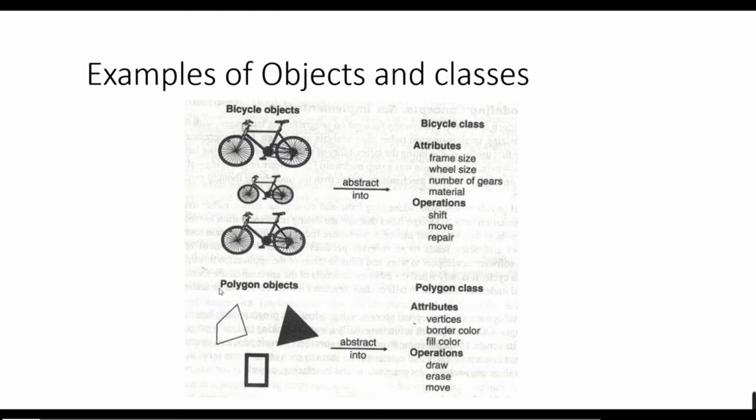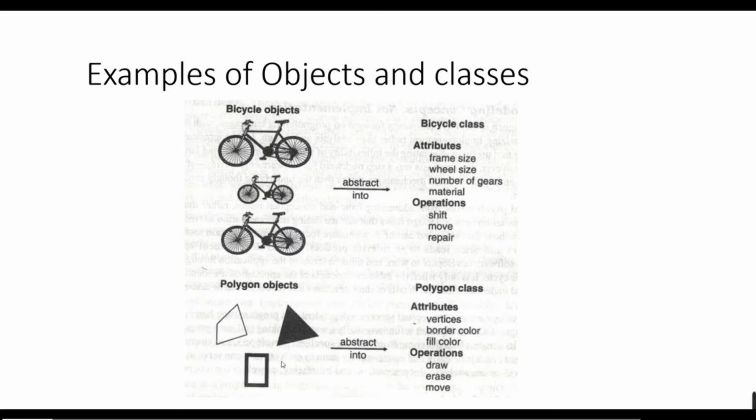And for another example, we want to develop a software to implement the editing of some graphics, or for some software, we can draw the different kinds of polygon objects.